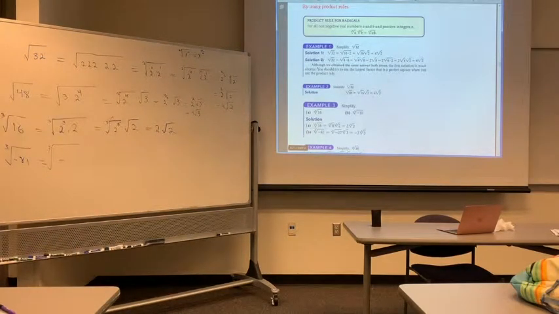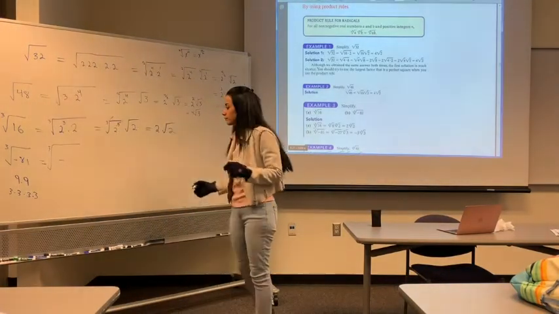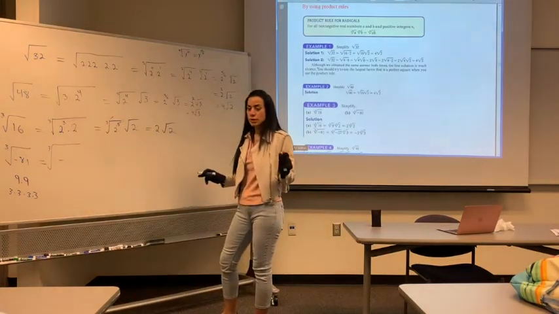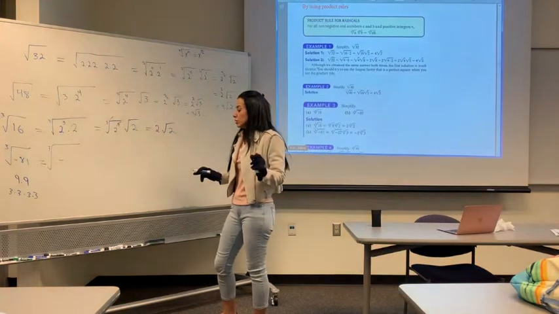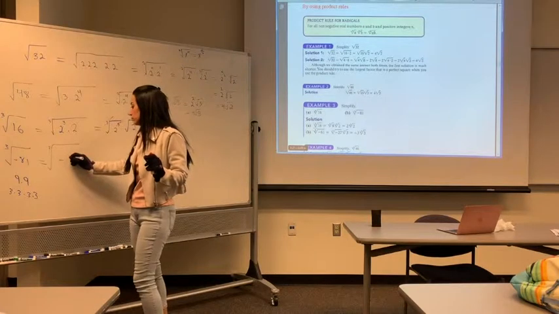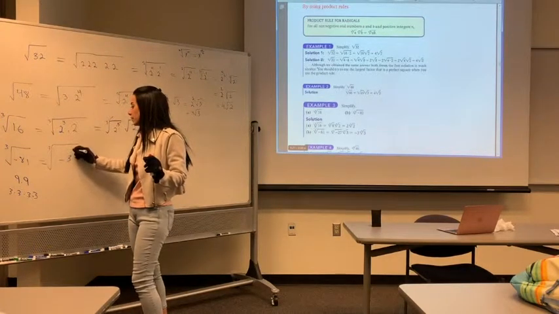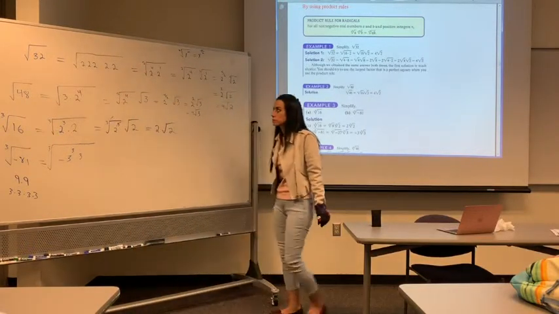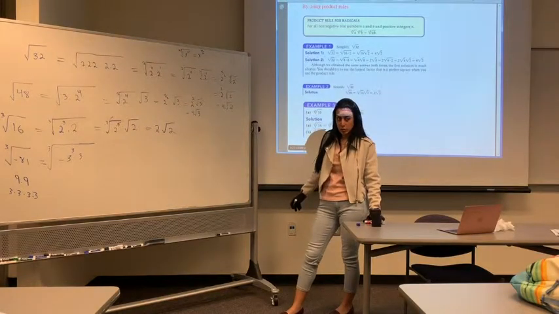We know 81 is 9 multiplied by 9, and 9 is 3 multiplied by 3. So I can write negative 3 power 3 multiplied by 3.